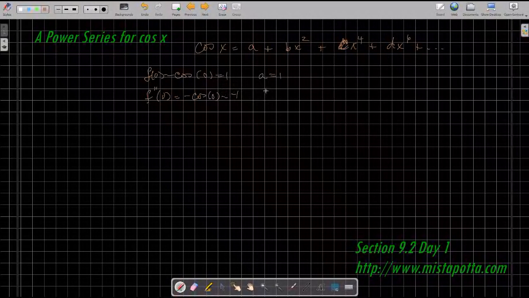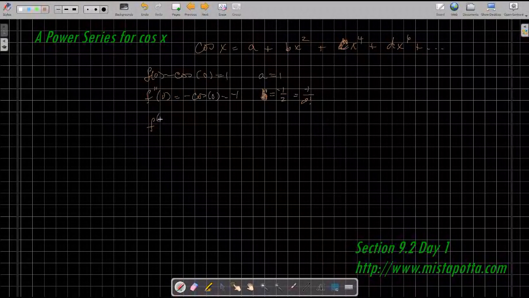And so I end up with b being equal to negative 1/2. Now, this is really 1 over 2 factorial that I'm dealing with, because it's really 2 times 1, and we'll see that as I go through more examples.